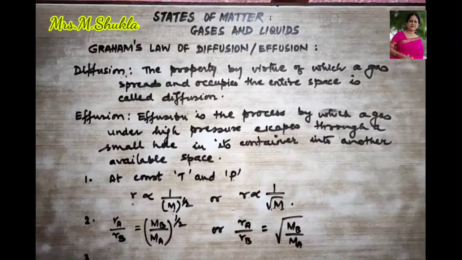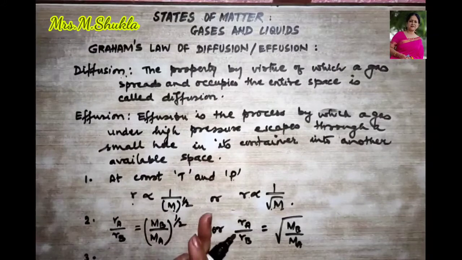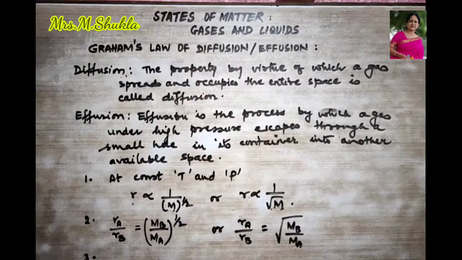Then we come to the third point. Since the density is always directly proportional to the molecular mass, in that case, what can we write? RA upon RB can be equal to what? What had I written over here? MB upon MA, right?